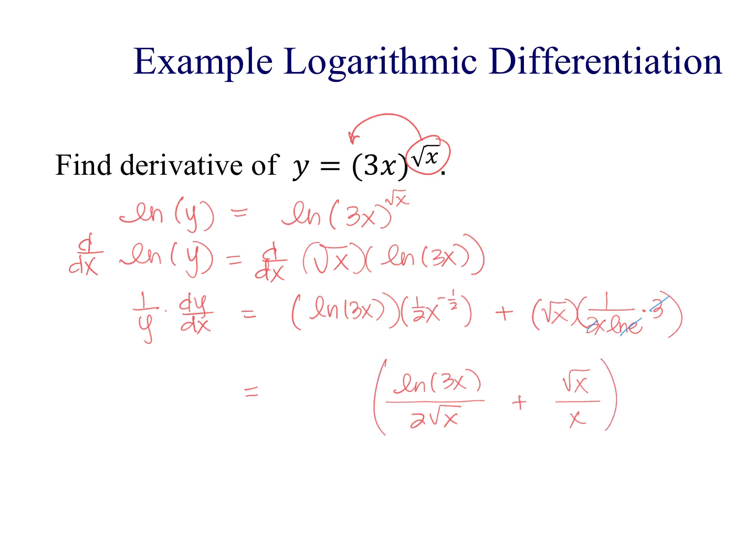That whole thing would be multiplied by y so that dy dx could be alone. But your final thing would be, okay, just replace y with what it originally was. So that would be quantity 3x to the rad x times the whole other quantity.